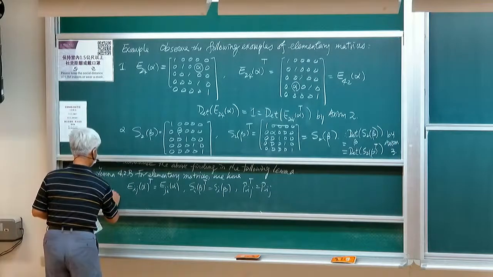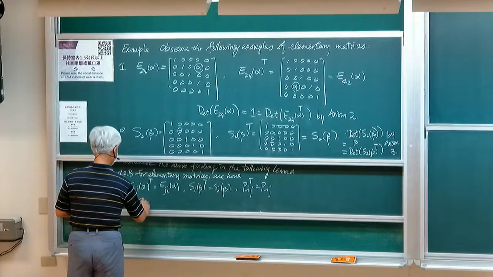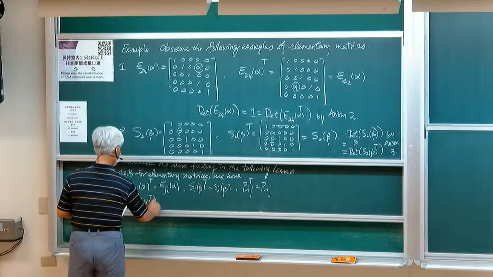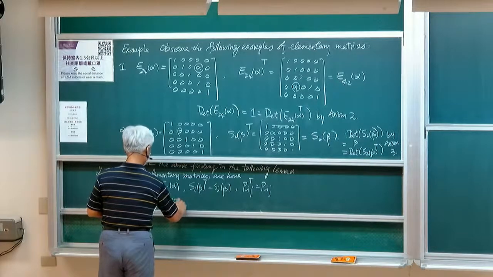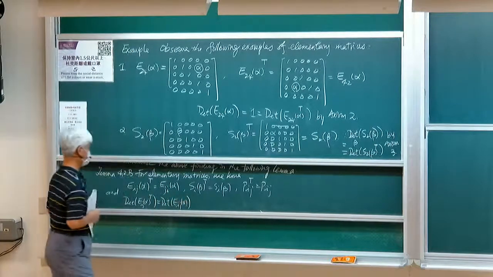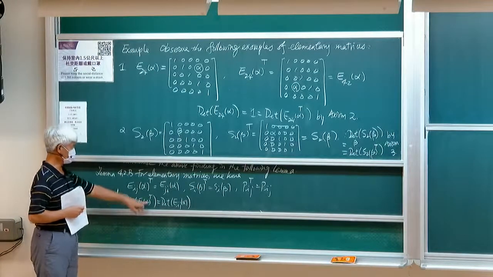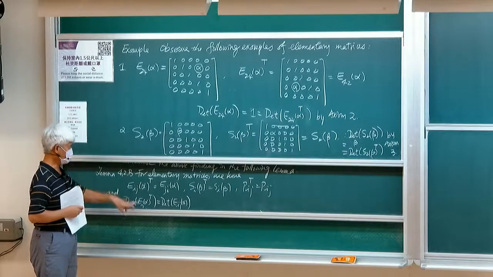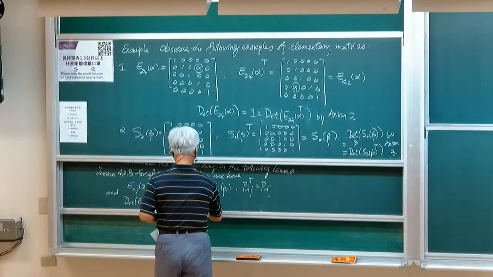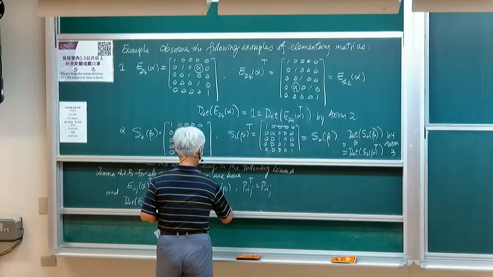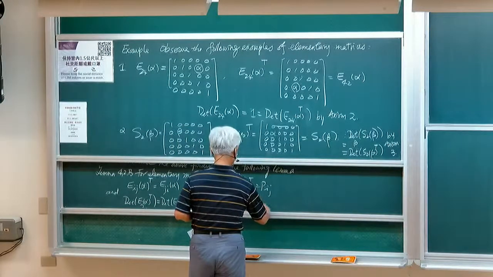And then by taking the determinant, we found that the determinant of E_ij alpha transpose is equal to the determinant of E_ij alpha. Okay, so the determinant of the transpose of E_ij alpha will be the same as the determinant of E_ij alpha, and also the determinant of S_i beta transpose is equal to the determinant of S_i beta.